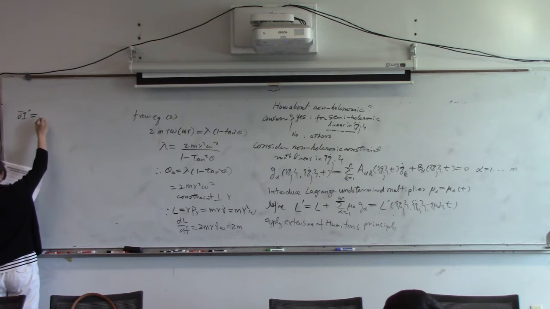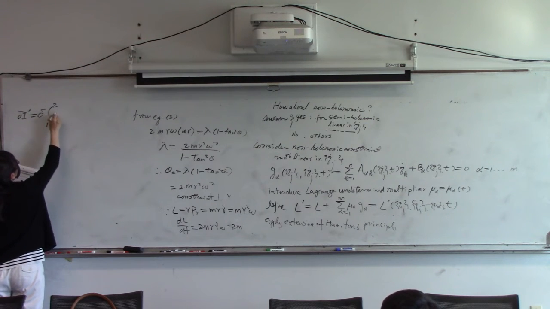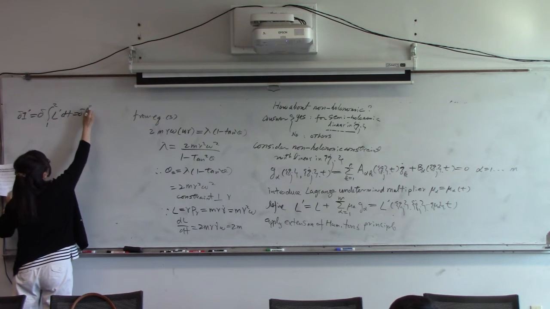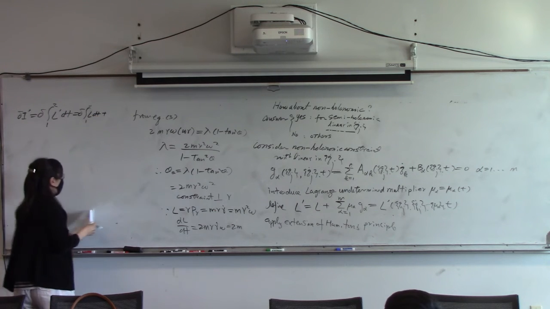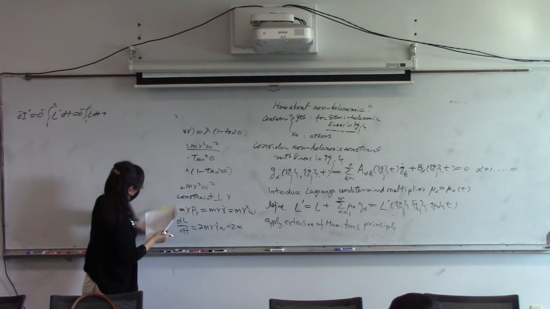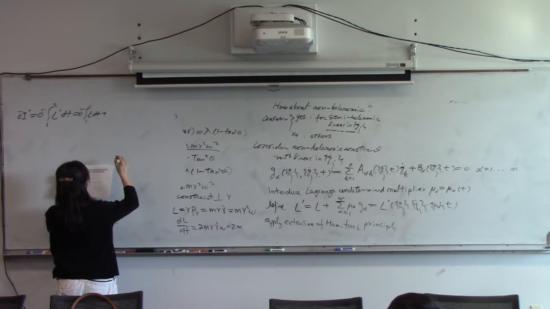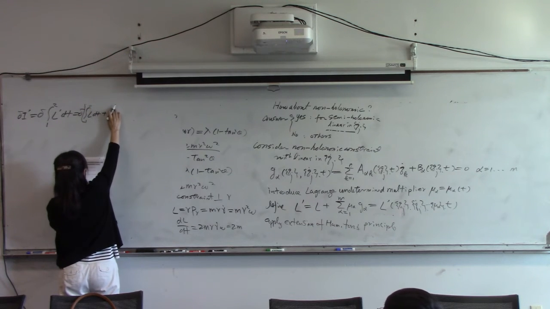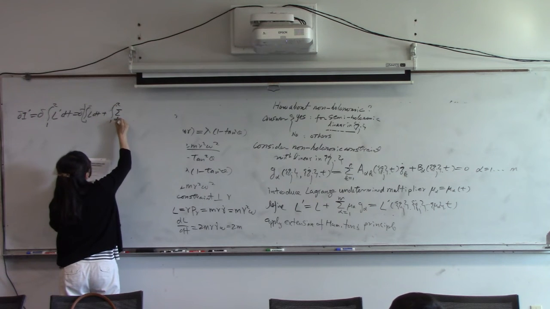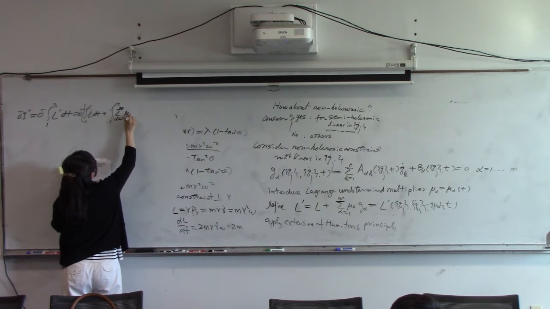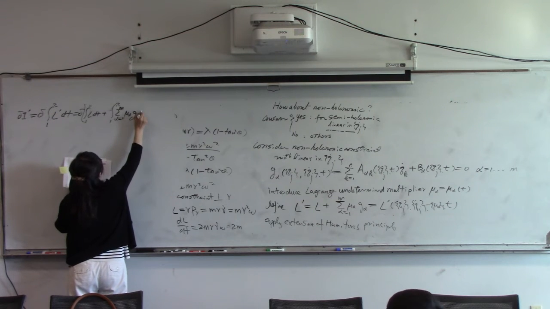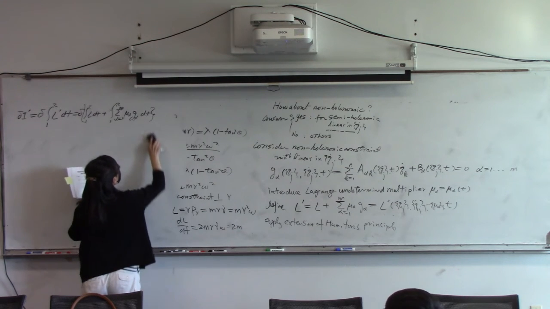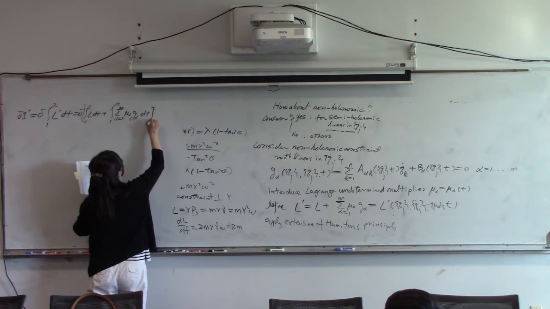If I prime is the line integral from 1 to 2 of L prime dt, that is equal to the line integral from 1 to 2 of L dt plus the line integral of the summation over alpha from 1 to m of mu alpha G alpha dt, and that is equal to 0.